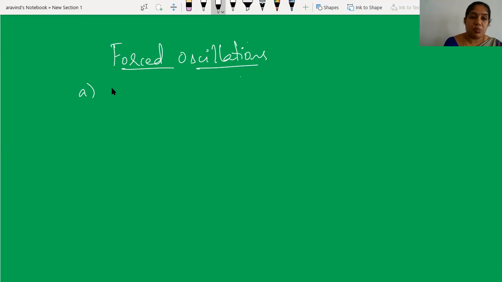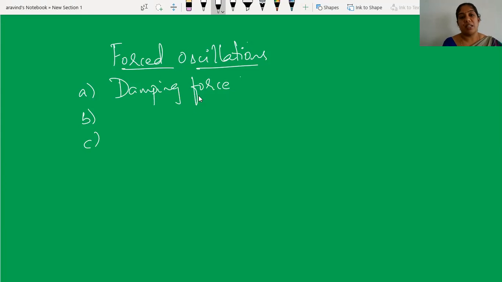So what is the first one? The forced oscillations are under the influence of these three kinds of forces. The first one is resistive force or the damping force, which is existing in the environment.